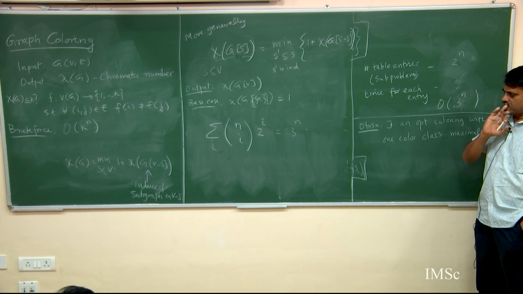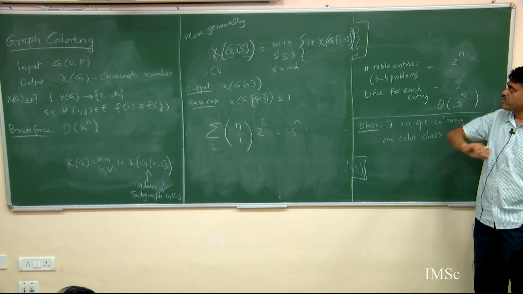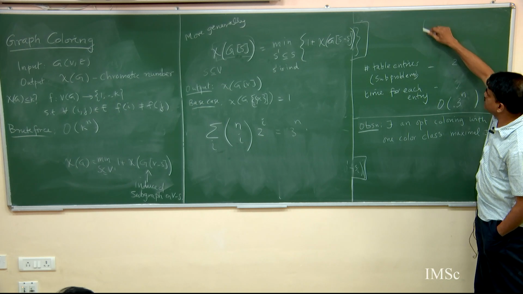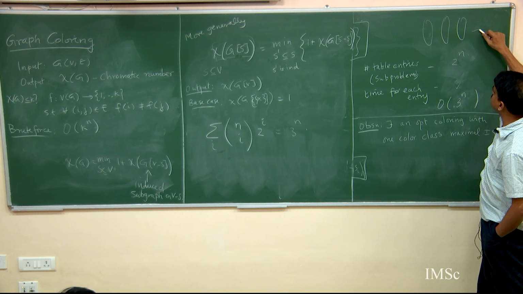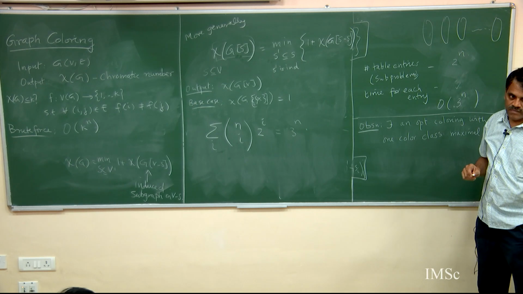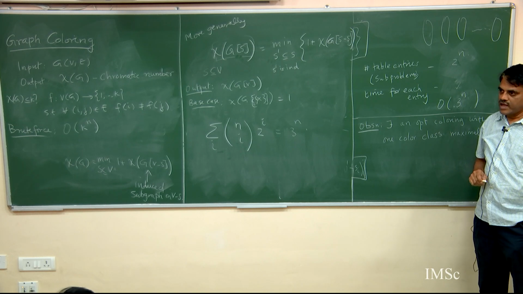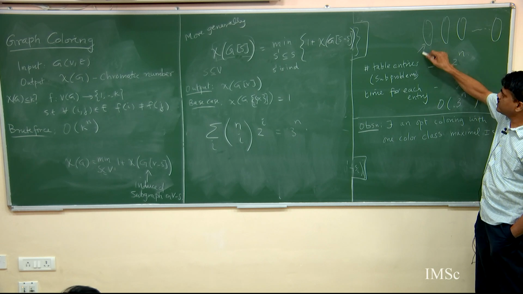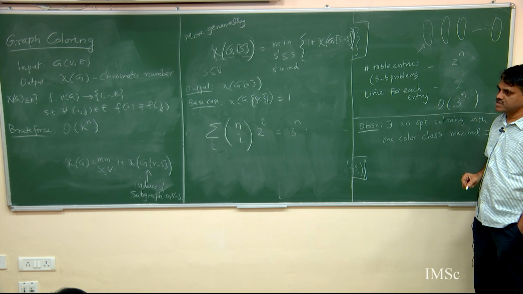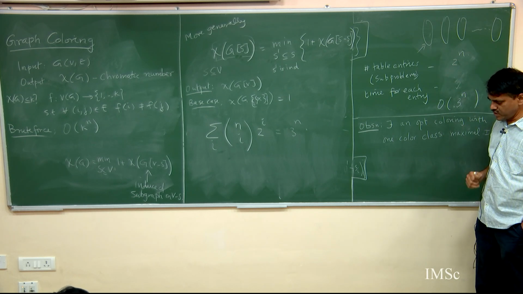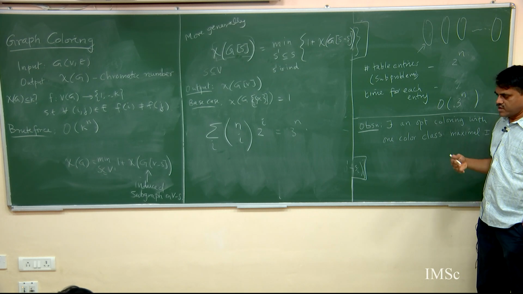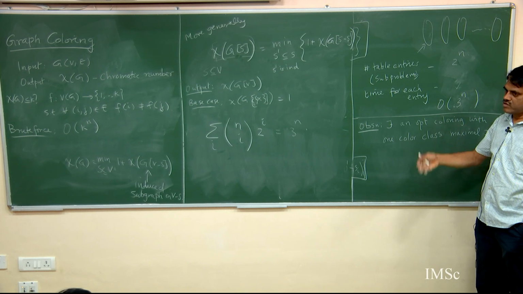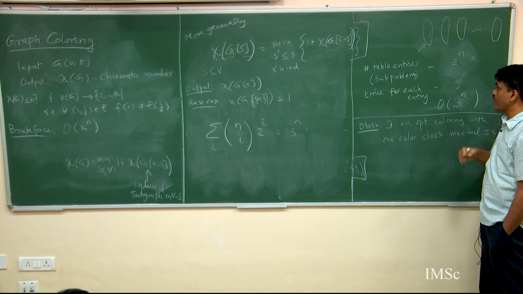Suppose somebody has given me an optimum coloring. So, these are my color classes. Now, I claim that at least one color class, let us say my favorite one, I can make it a maximal independent set. What is a maximal independent set? That it cannot be expanded to add any more vertex.